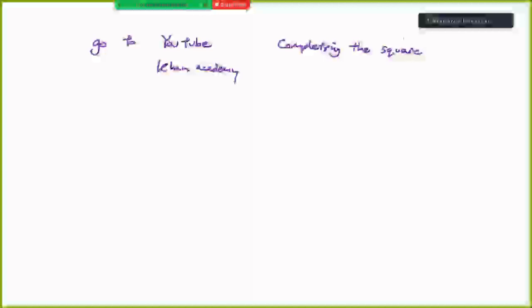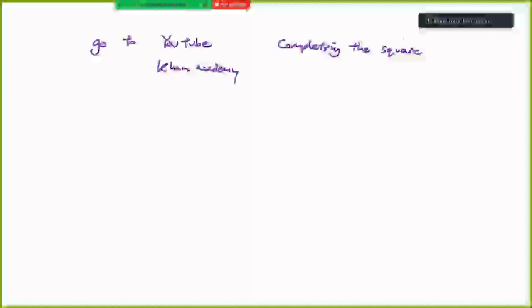Go to YouTube or Khan Academy and search for completing the square. It'll be good to see someone else other than me doing it. And again, I would have you follow along, completing the square. So get some paper, try to do it on your own and then using the video that you find. I'll put my own video up on YouTube as well, but go see other people's. That might be helpful to get some extra support and practice.